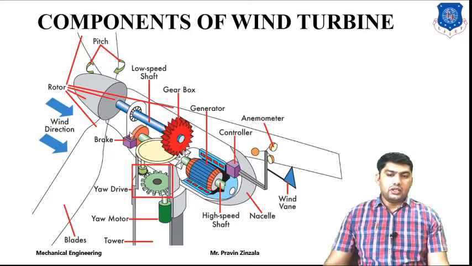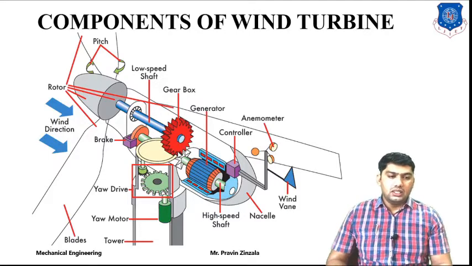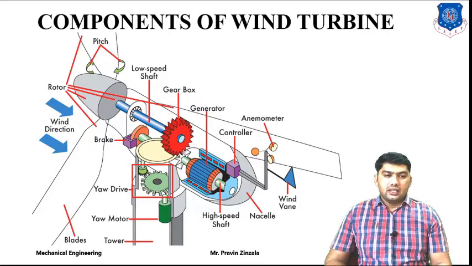An extra component also utilized is the brake. In a wind turbine, the brake is generally used to control the motion of the windmill, because many cyclones are created in the Indian region, and storms also cause fluctuation in energy.